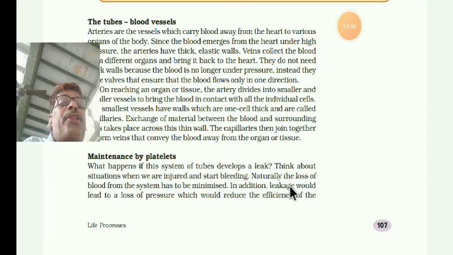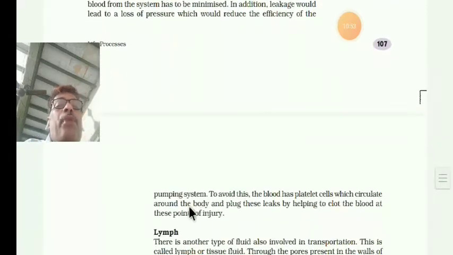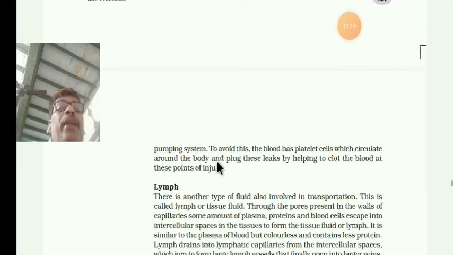In addition, leakage would lead to loss of pressure, which would reduce the efficiency of the pumping system. To avoid this, the blood has platelet cells. Platelets circulate around the body and plug these leaks by helping the blood clot, that is, become a solid mass at the points of injury.